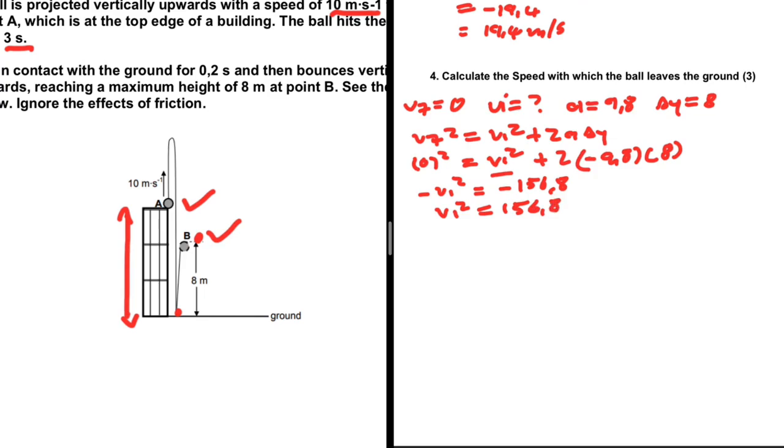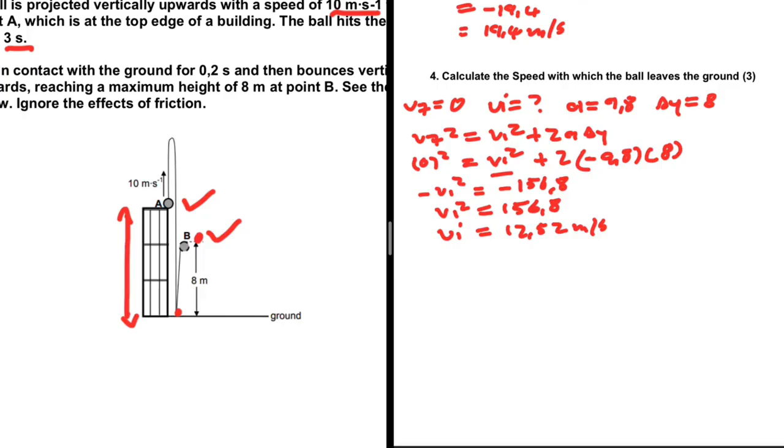Let's take square roots on both sides. We're going to have vi being equal to 12.52 meters per second upwards, right? That is the velocity as it leaves the ground. Well, the question says speed, so let's not indicate the direction. There we go. That is question 4.